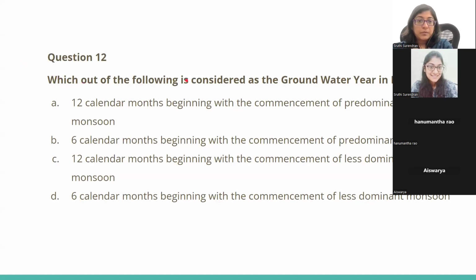Again, which of the following is considered as a groundwater year in India? Please drop your answers in the chat box.